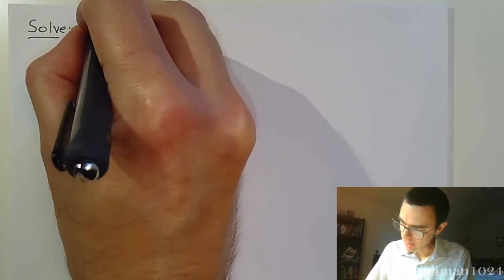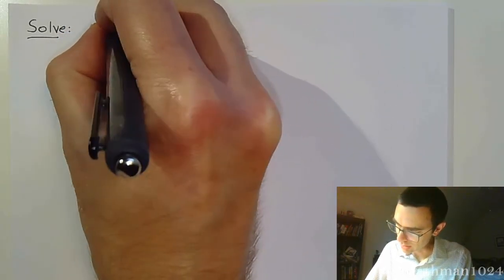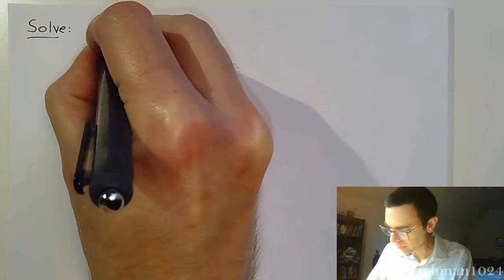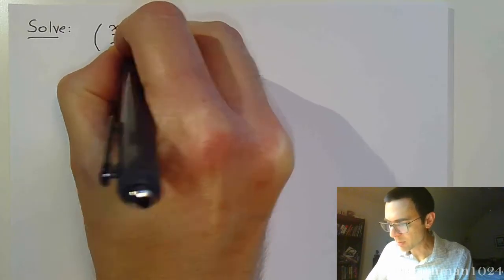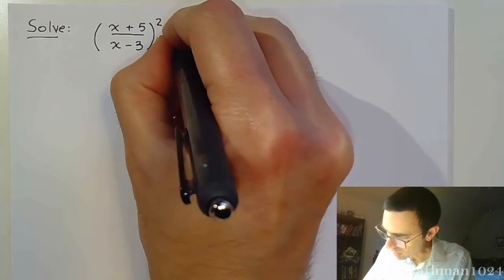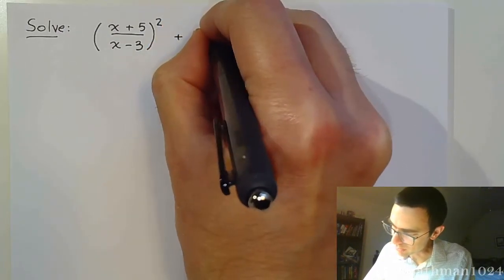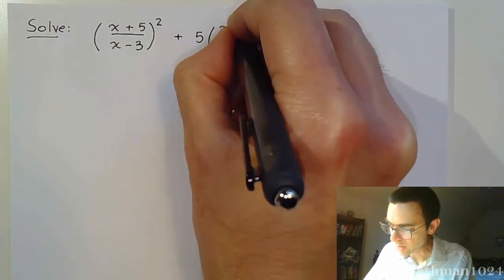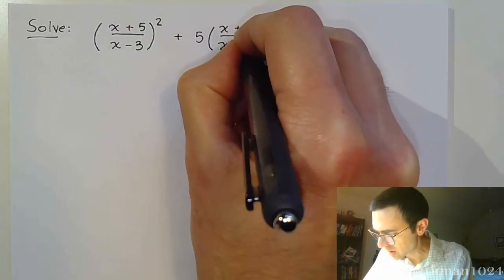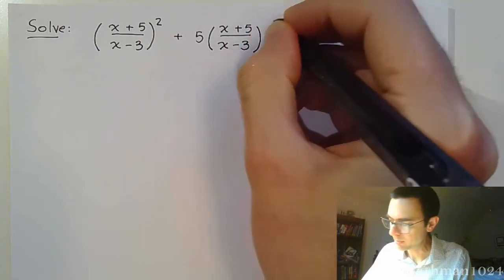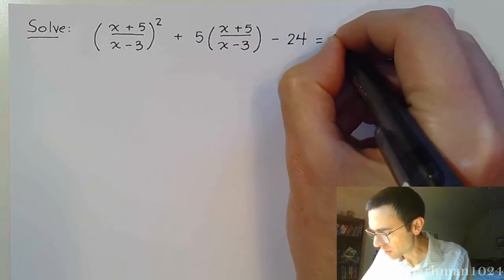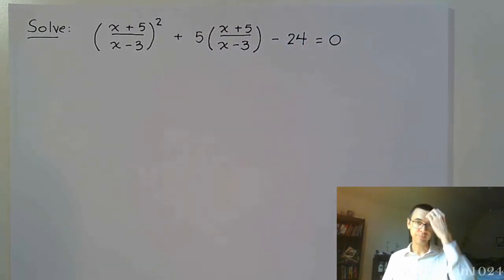Let's try this. x plus 5 over x minus 3, quantity squared, plus 5 times that same quantity x plus 5 over x minus 3, minus 24 equals 0.